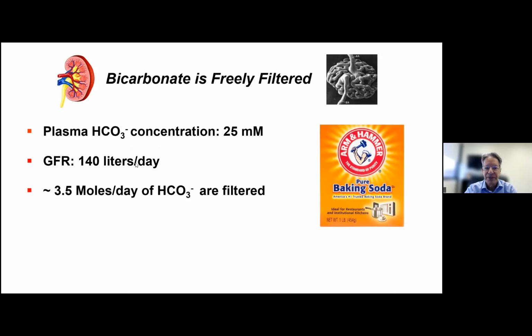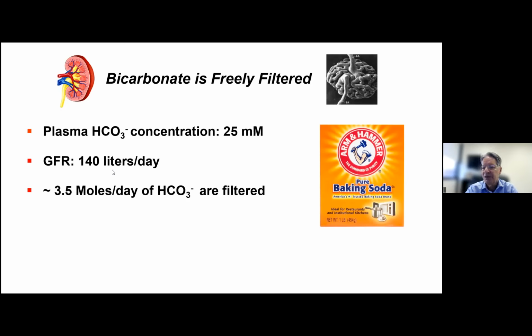So the kidney has a problem. Bicarbonate is freely filtered through our millions of glomeruli. And if nothing else happened, it would end up in the toilet. So even without knowing anything, there must be a mechanism for reclaiming the bicarbonate from the glomerular filtrate. And if you just do the math, the plasma bicarbonate's around 25 millimolar, and our GFR is about 140 liters a day.